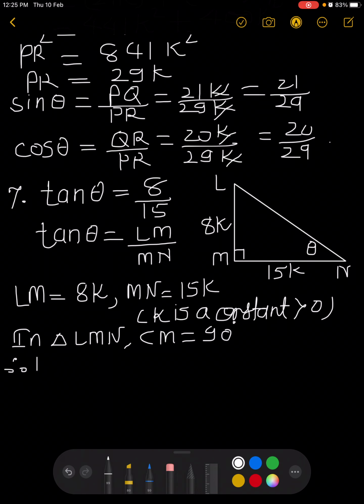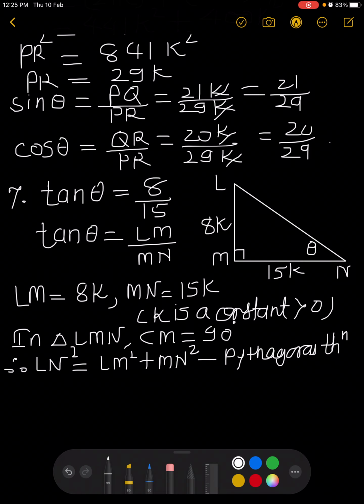By Pythagoras theorem, the square of LN equals the square of LM plus the square of MN. I have to show this. This is known as Pythagoras theorem. Now I am going to write LM as 8k, squared, then MN as 15k, squared.